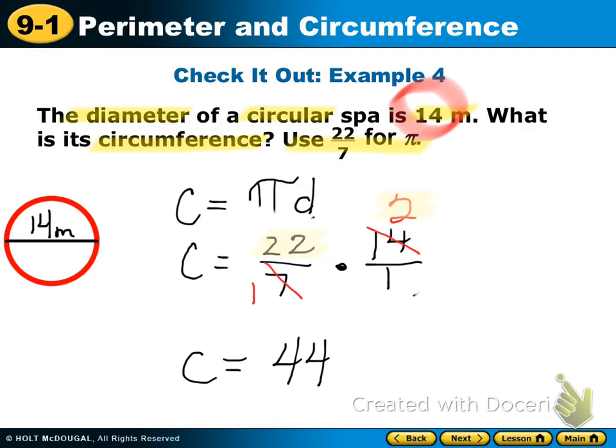The denominator would be 1, so I know that goes away, and then my units are meters, so it's 44 meters. And then remember, you always circle your answer. And that is how you find perimeter of polygons and circumference of circles.